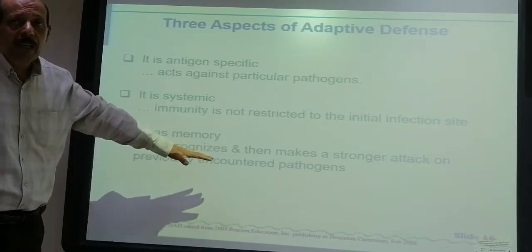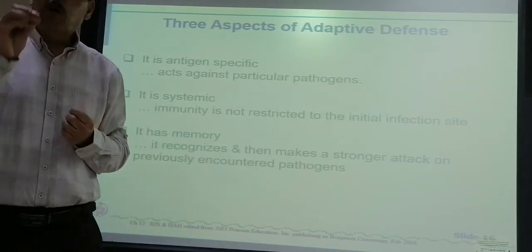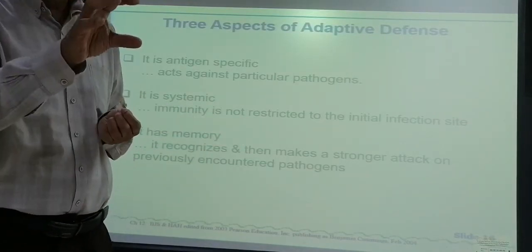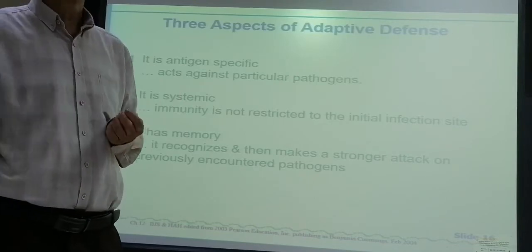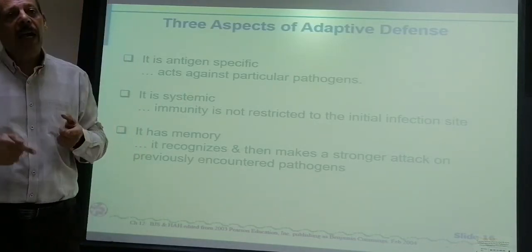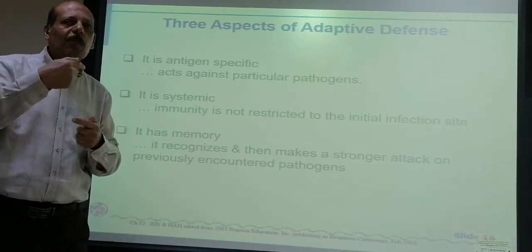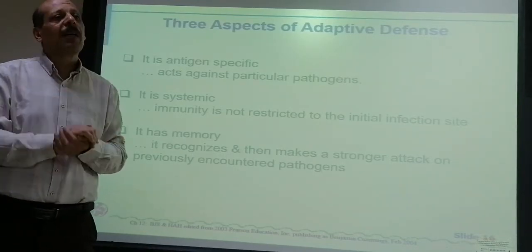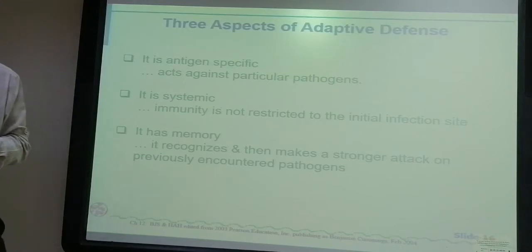It has memory, so it will remember that type of infection, that type of antigen, and attack them immediately when they come, and it will enhance the immune system to produce more antibody in those cases. So those are the three characteristics of them.